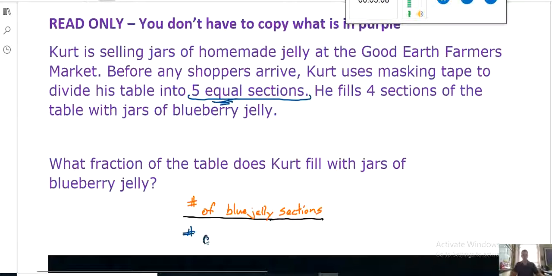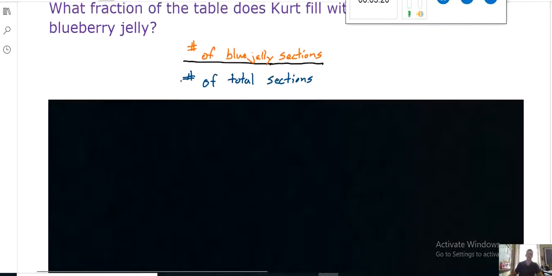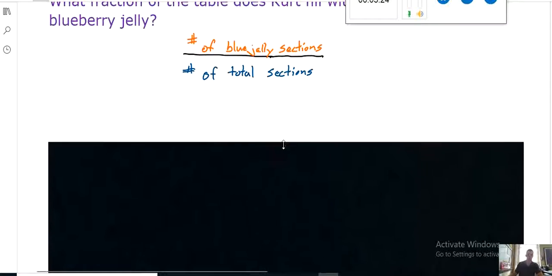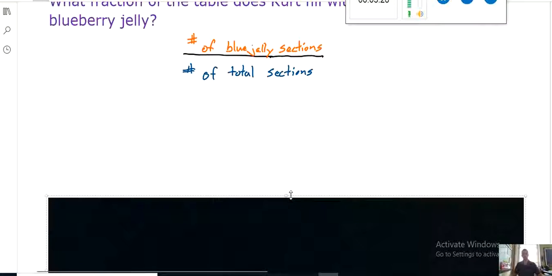We have to remember that on the bottom we have to put the total, or the whole. So on the bottom is the number of total sections. So there we go. Let's keep going with this.